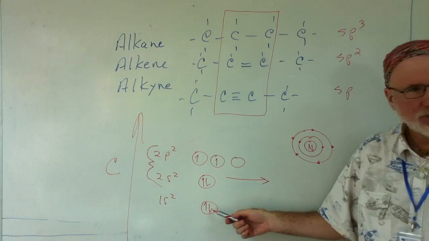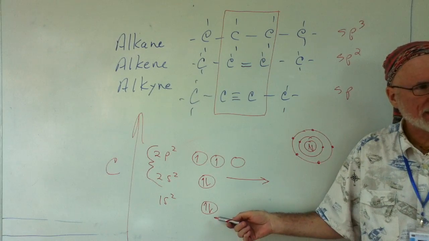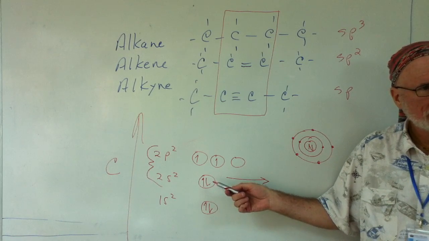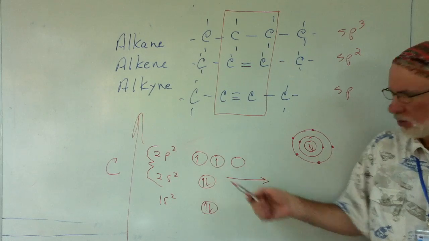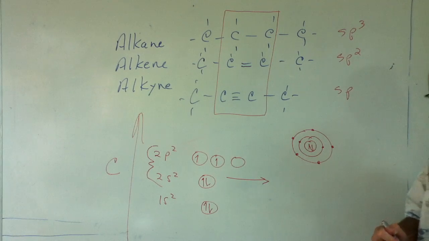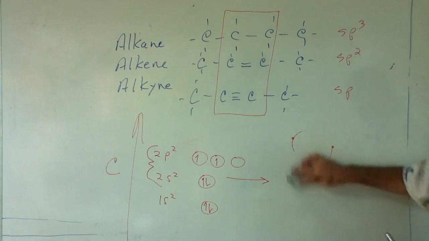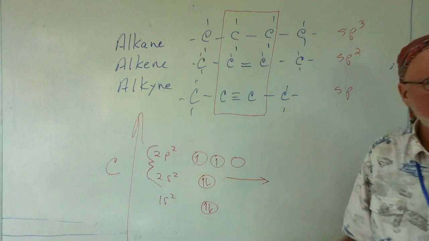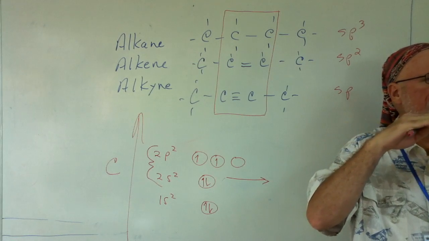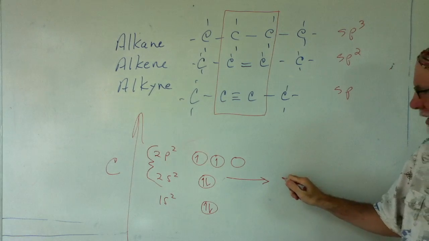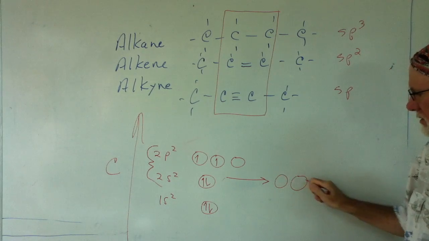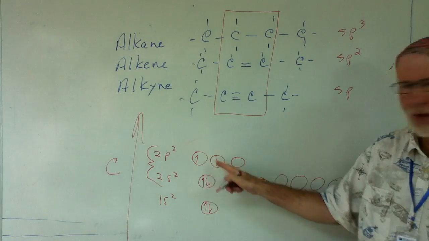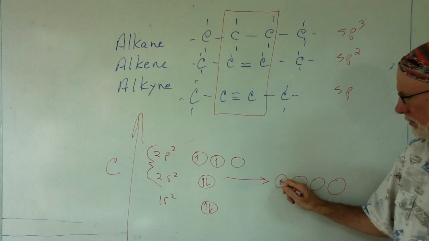So I drew this on the board purposely like this. 1s is low, 2s is a little higher, 2p is higher. You see that? Well, what happens is this. Can I erase the Bohr model of the atom here, please? Yes. What happens is that these 4 orbitals become the same energy, kind of an intermediate energy. So they kind of go like this. Okay? And I put 1 electron in each one.